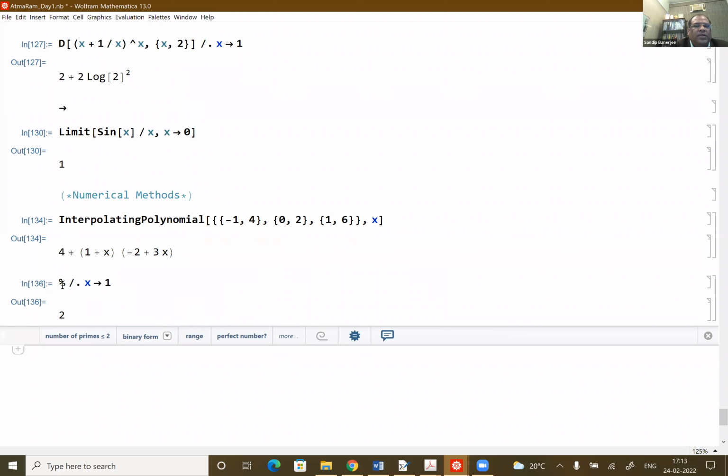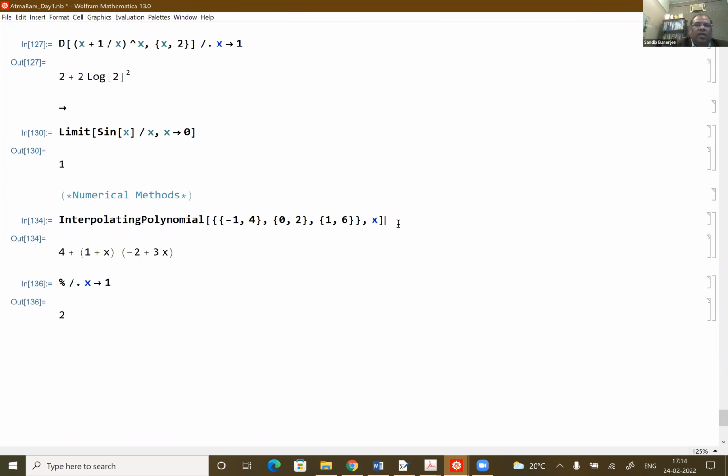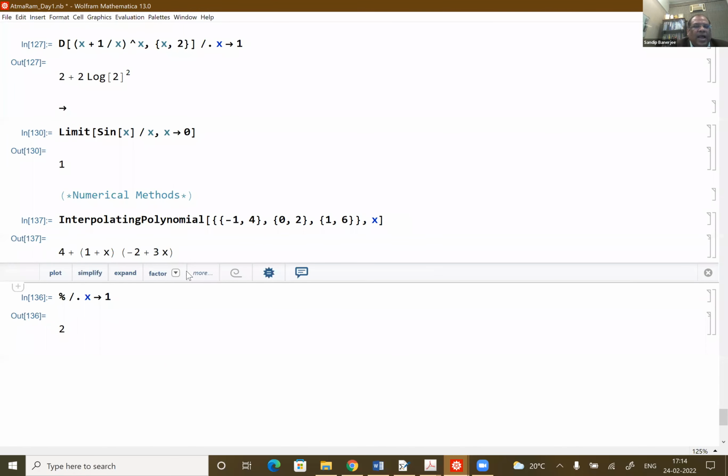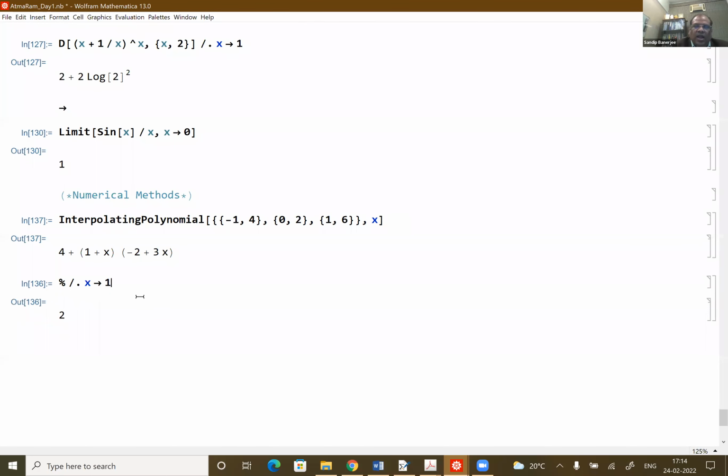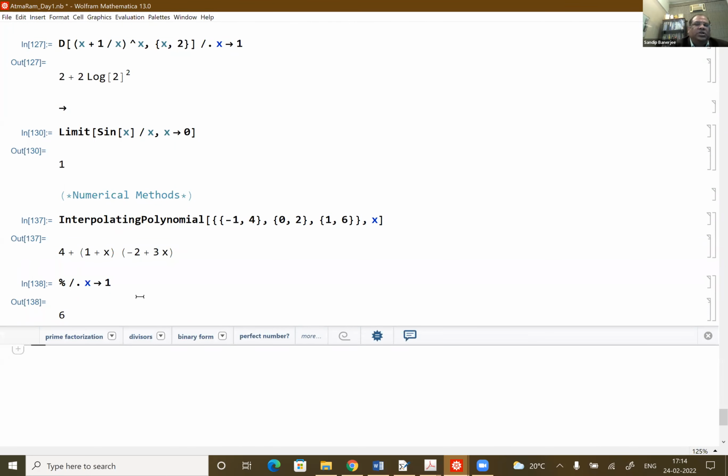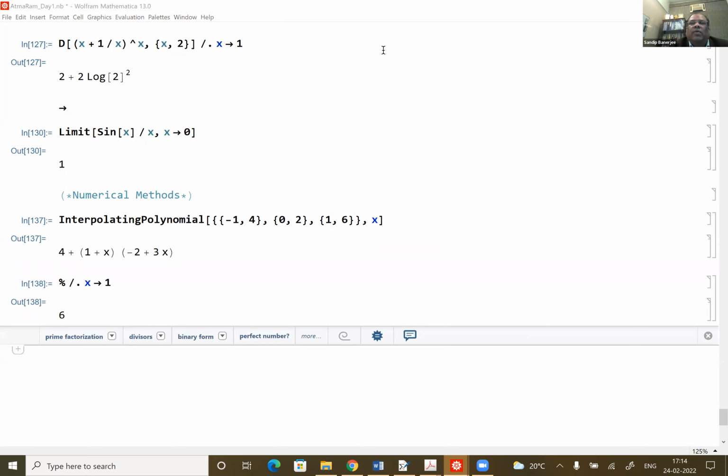So this percentage only works once on this output. If you want x equal to 1, I will run this again. Now this is activated. Now the percentage will take this outcome, put the value x equal to 1, and give me the output, which is 6. Okay, questions?